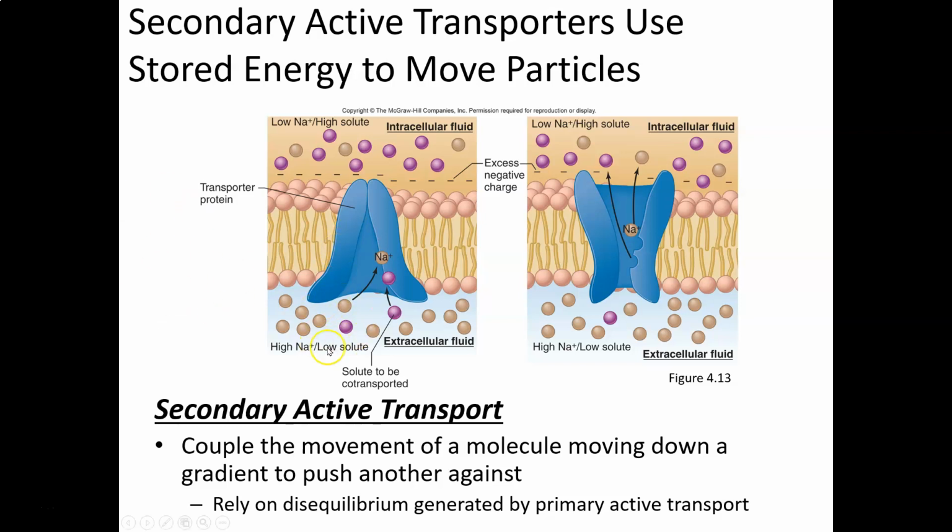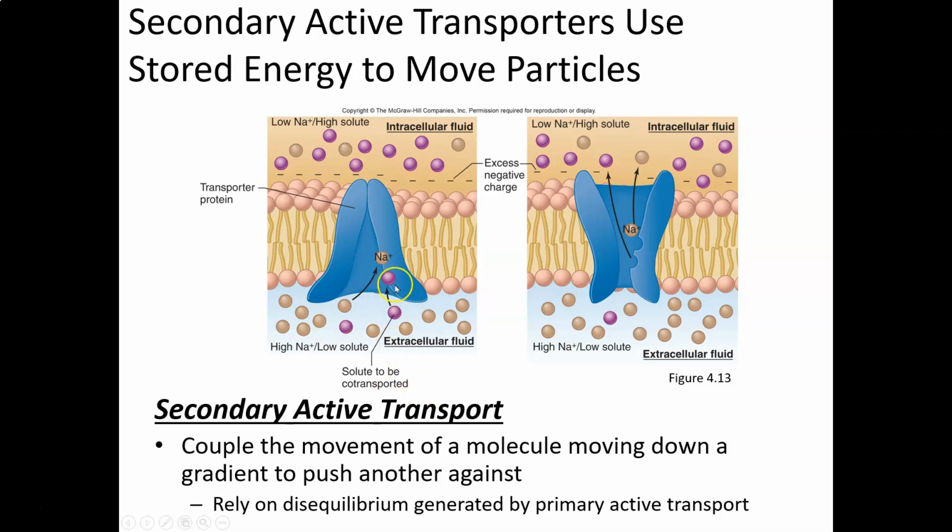So here's an example where we have a high concentration of sodium. And again, sodium is high concentration on the outside because of the primary active transport mechanism we just talked about, the sodium-potassium pump. And so we're going to diffuse sodium into the cell. At the same time, we're going to piggyback another molecule with it into the cell.